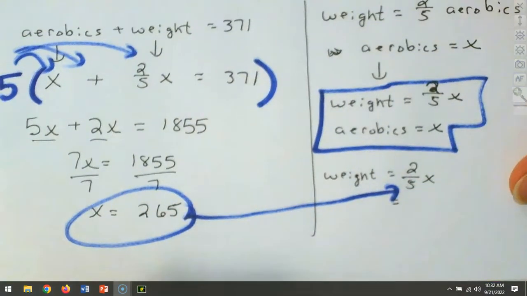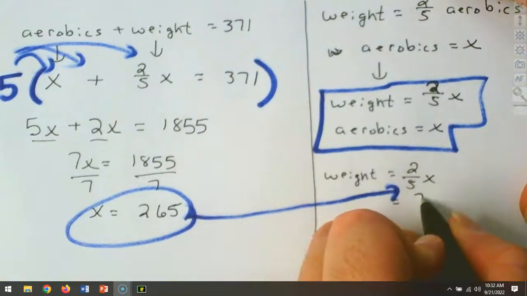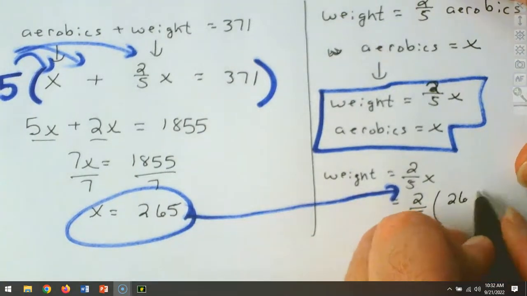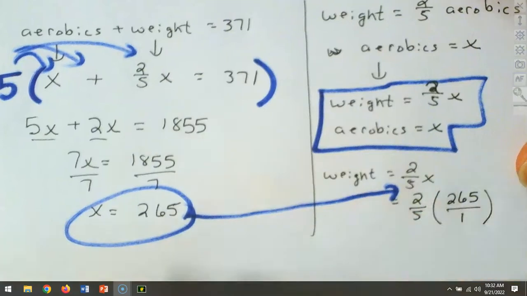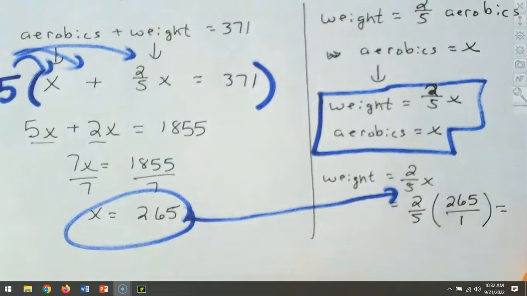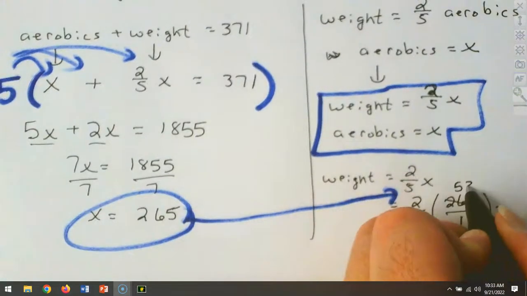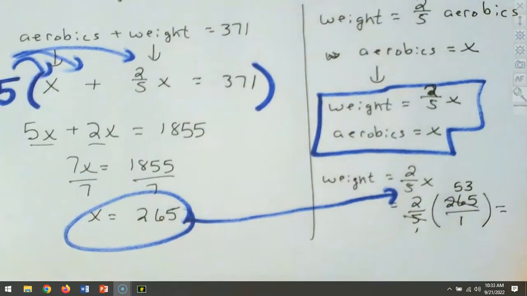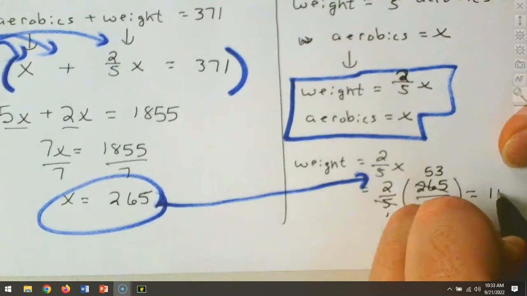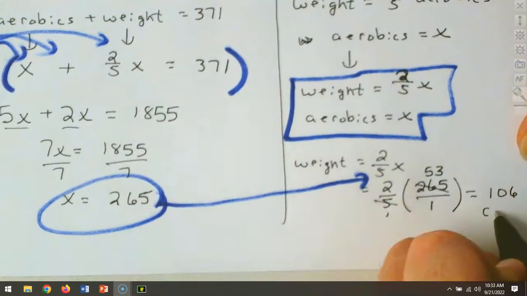Write it as a fraction over 1. So we've got 2/5 times 265 over 1. Now, I can cross cancel here, because that 265 and that 5, that has a 5 in it. And that's going to leave me then with a 53 and a 1. And now we just multiply 2 times that 53. That's 106. So that's 106 calories.